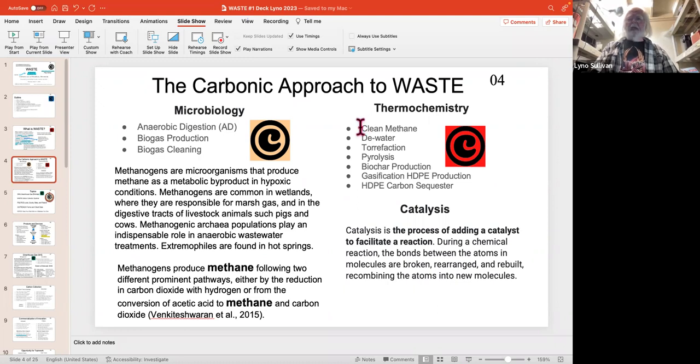So we clean methane, and we have to dewater it. If you're going to put methane into a grid, it's got to be dewatered. If you want to call it RNG, renewable natural gas, it has to be from renewable sources and clean natural gas. RNG costs 3 times as much as fossil fuel, just a number to keep in mind.